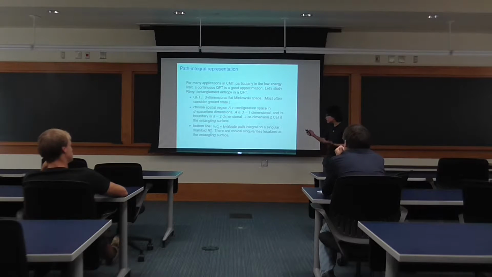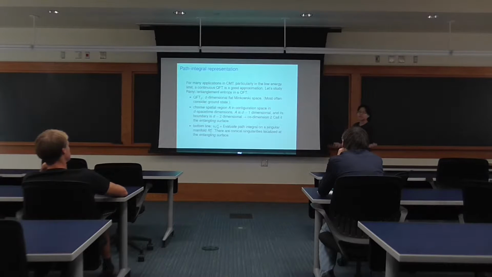A is literally a spatial region. Of course, in field theory, you could have different modes excited at different points in space-time. You could build your Hilbert space in space-time, but A itself is really just part of space. You choose a region in space, and you integrate out all degrees of freedom outside of A. That is what you try to compute here.